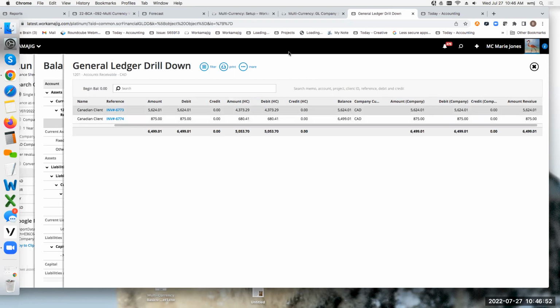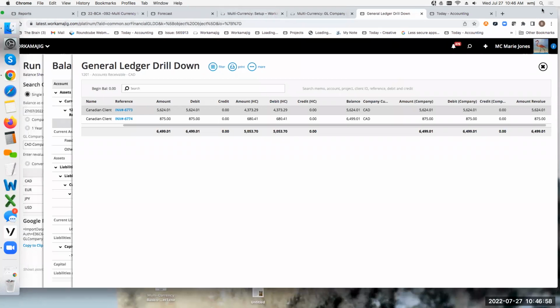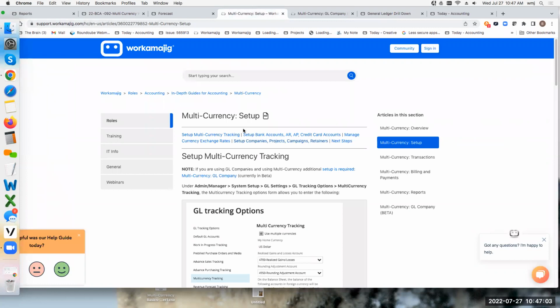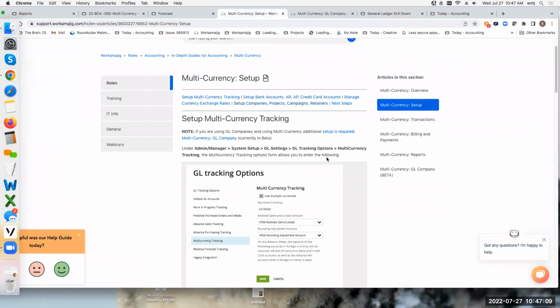All right. Any other questions? Hopefully this information made sense. I know, again, a lot of detail. If you are considering it, don't hesitate to review our multi-currency help guide. A lot of information is in here.